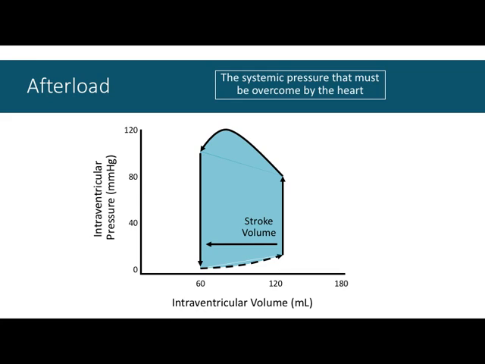Vasoconstriction works against us. And vasoconstriction of the venules and the arteries is what we describe as afterload, or the pressure against which the heart must pump. An increase in afterload is an increase in the resting systemic pressure of the arteries.